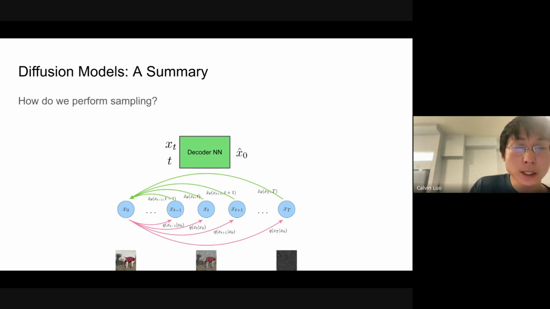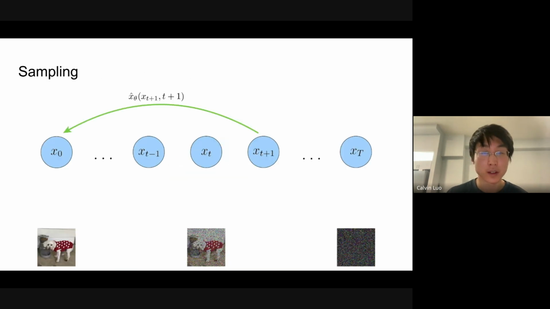So we've talked about modeling. Our modeling and training objective is trying to predict a clean image x0. And recall that generative modeling is always about modeling and generation, or modeling and sampling. So now let's talk about how we can perform sampling given this model that we've learned. Well, sampling looks as follows.